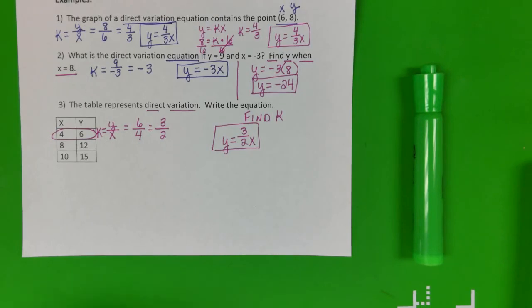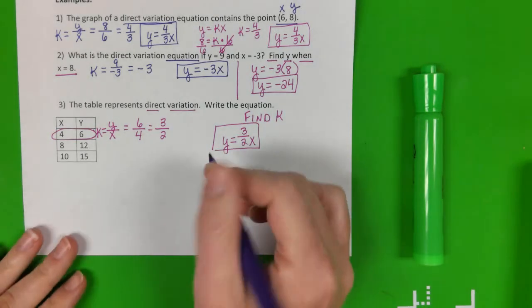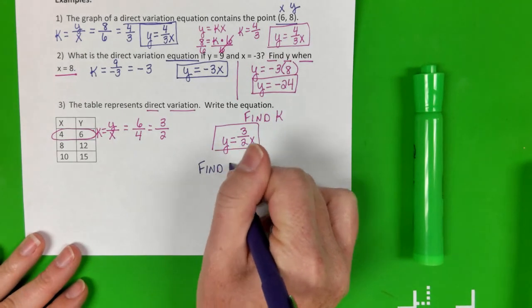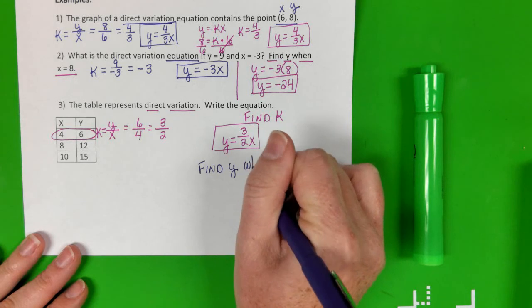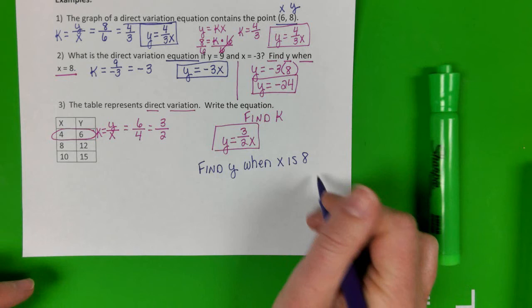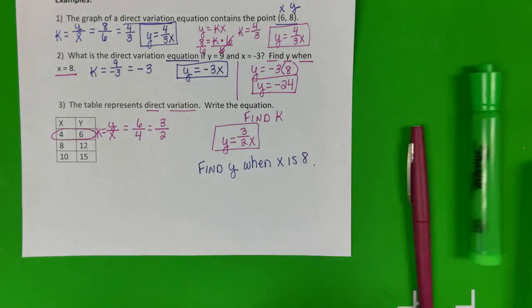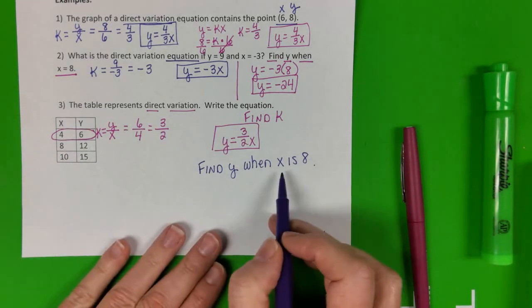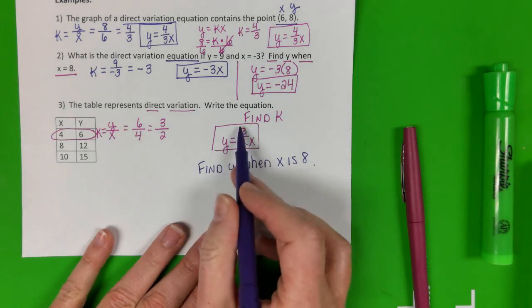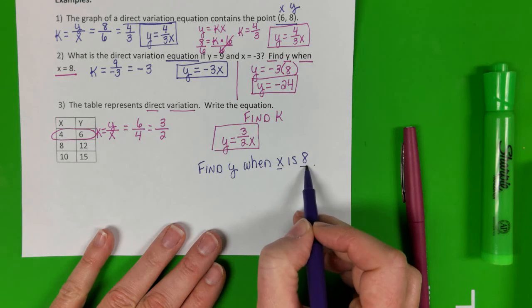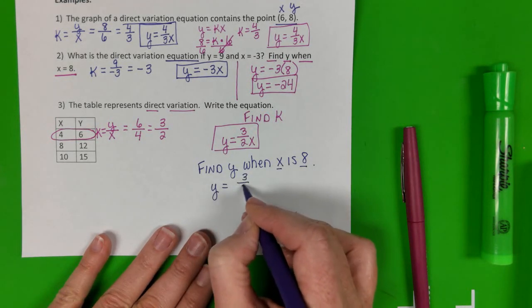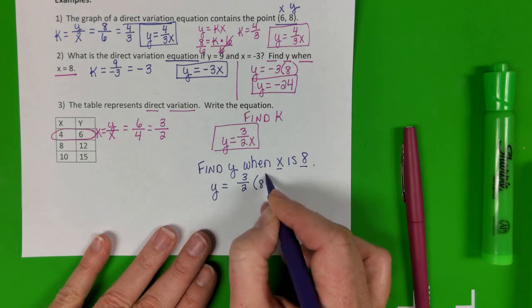Let's add another piece to this, just so we can see it. Now maybe I might say, find y when x is 8. So again, all we're going to do is take our equation. Wherever we see an x, we're going to plug in 8. So y equals 3 over 2 times 8.